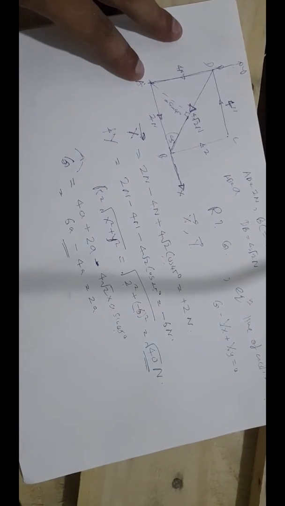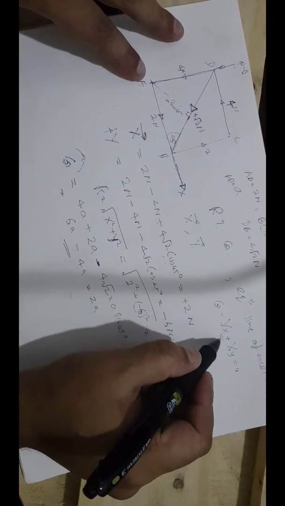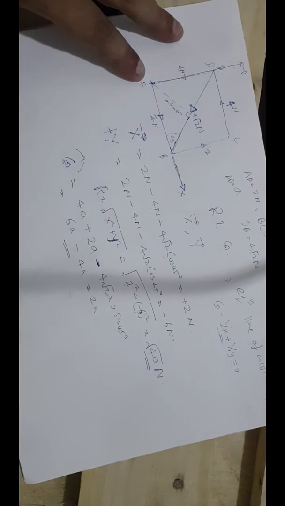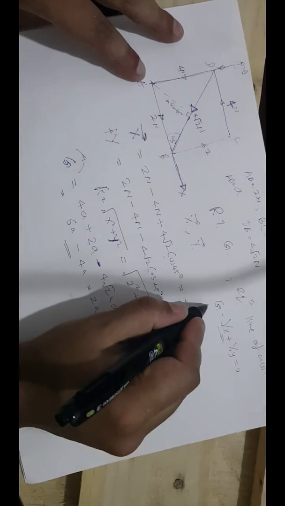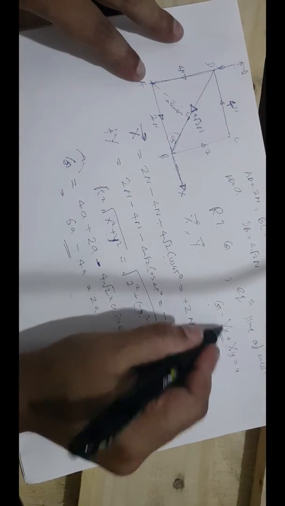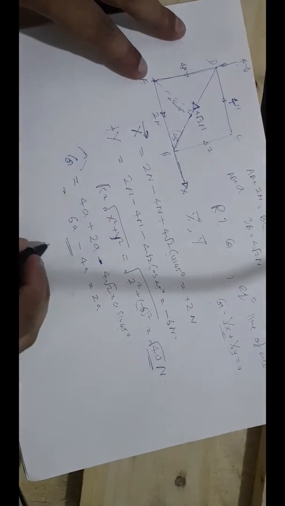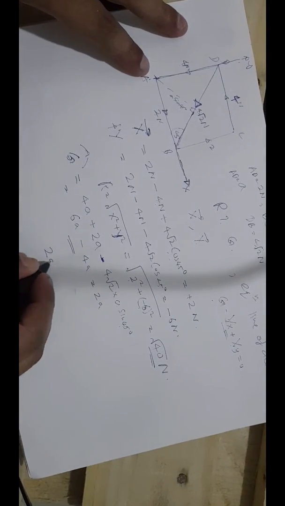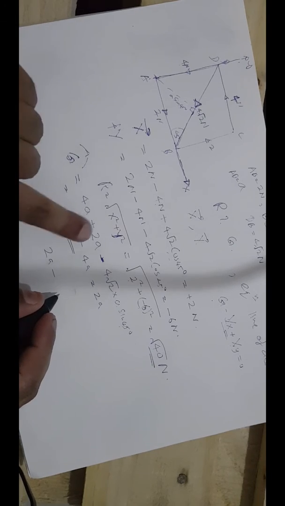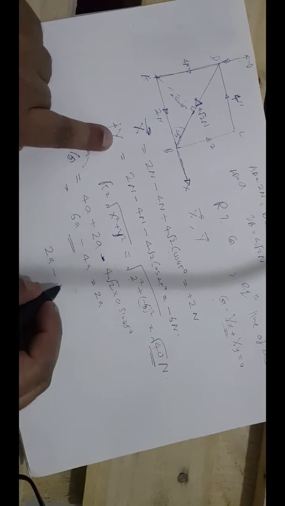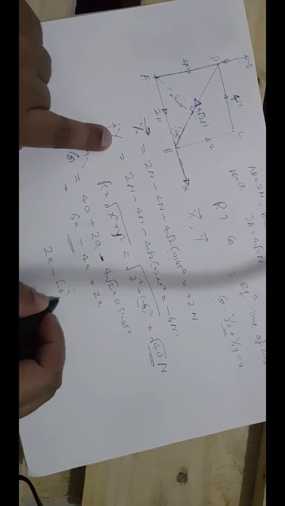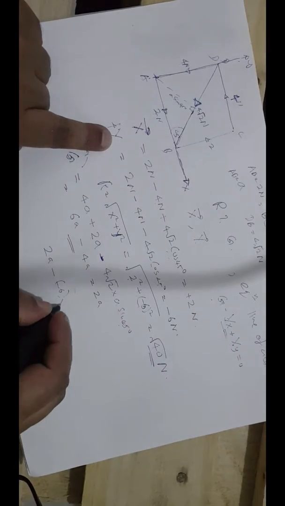Now we are finally asked to find the equation of the line of action. You have found G, Y and X, so you just substitute the values. G is 2A minus Y, where Y equals minus 6, and you put X here.